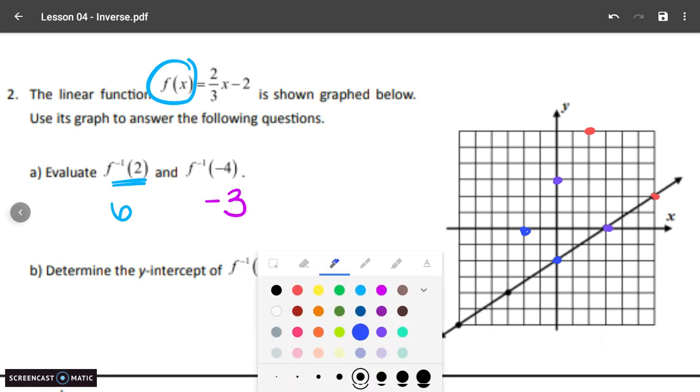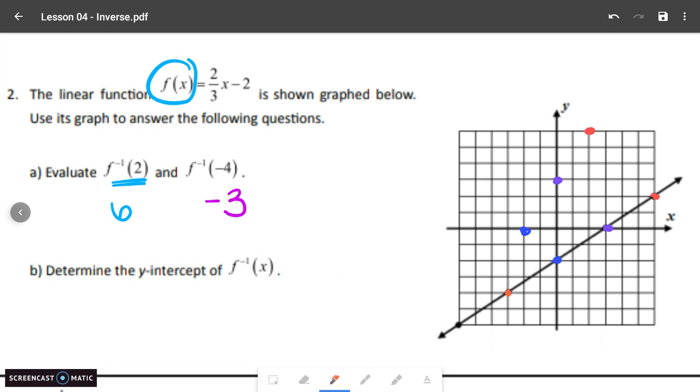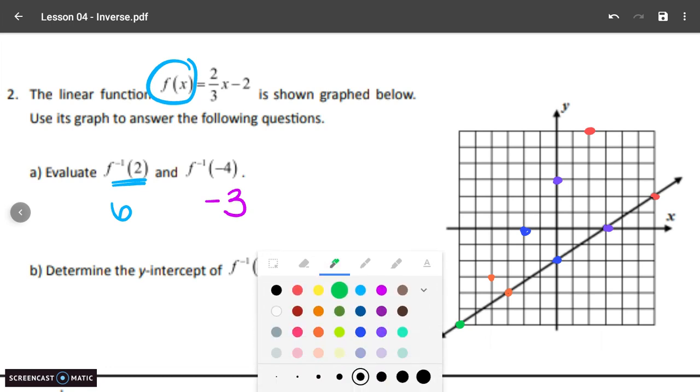This point was at negative 3, negative 4. So now we're at negative 4, negative 3. And last point that we have on our graph here, we have this point negative 6, negative 6. So it's still going to stay right at that point. So this would be my new line.